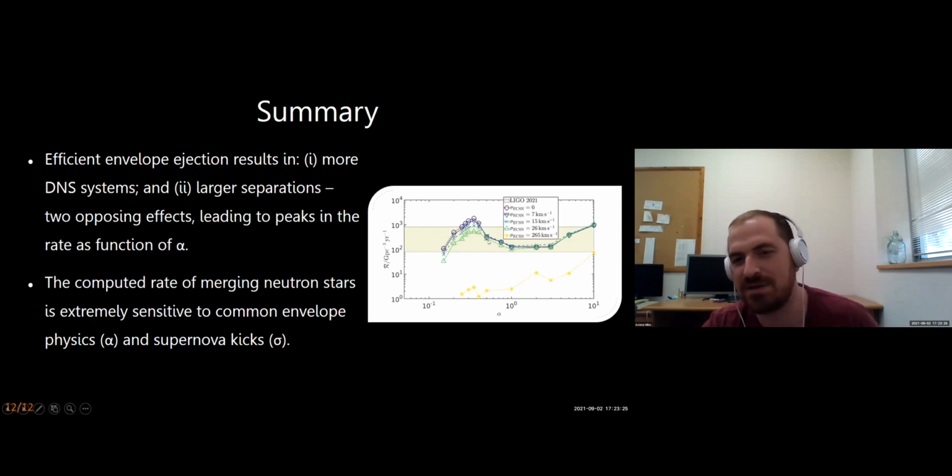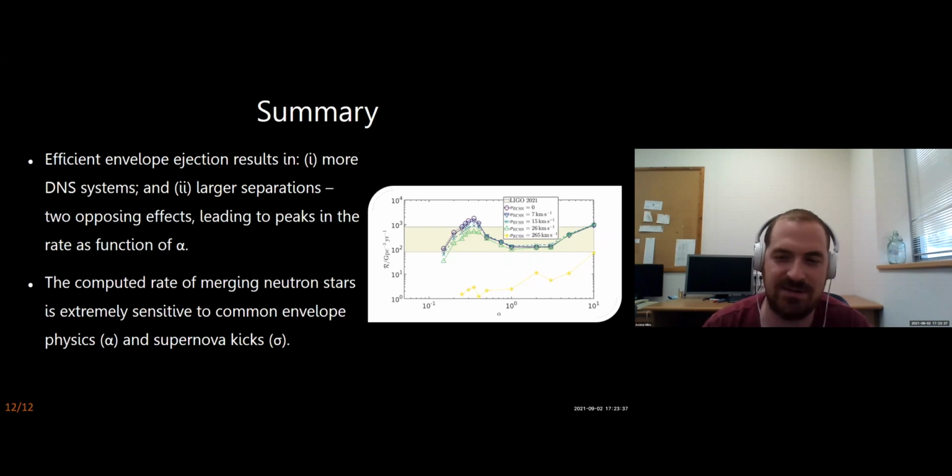But I think that this misses the point that maybe the alpha prescription is just not good enough, and we might need something better. And maybe with a better prescription, which includes more physical processes, or is based on updated simulations, then we could use these to constrain the process.